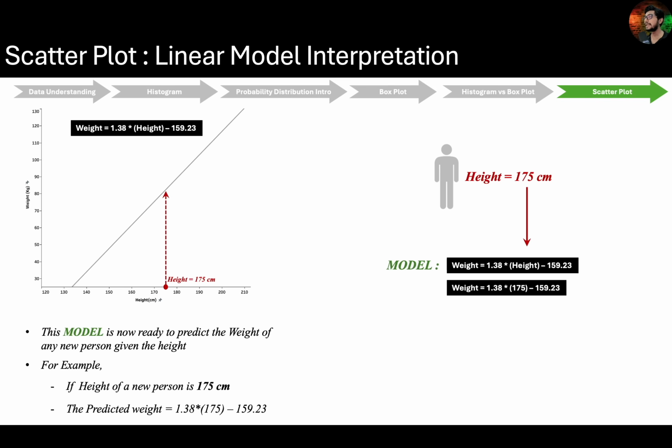So you simply plug this person's height into the model's equation. And with a quick calculation, you get an estimated weight of approximately 82 kgs. Of course, there will be a margin of error, perhaps a few kilograms. But you still get a reasonable estimate of the person's weight. This is the basic idea behind making predictions using linear models.